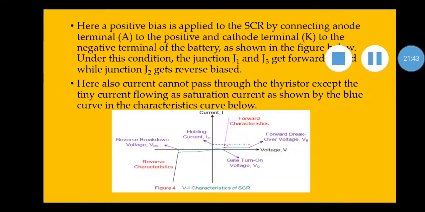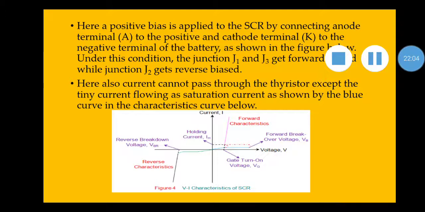Under this condition, junctions J1 and J3 get forward biased, while junction J2 is reverse biased. Here also, no current passes through the thyristor except a saturation current, as shown by the blue curve in the characteristics curve below.